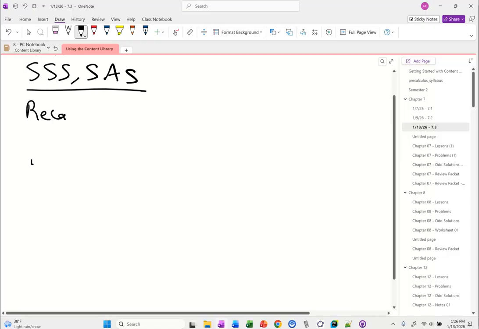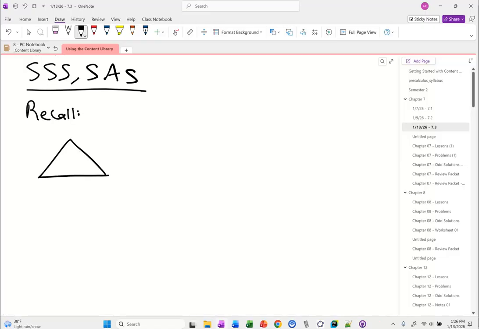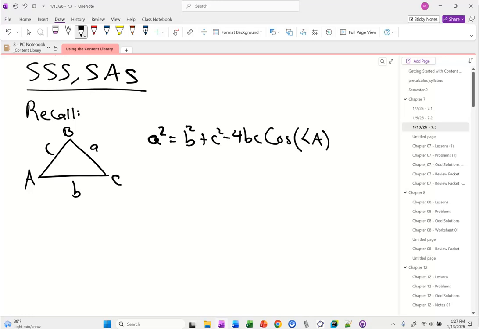In the side angle side and side side side cases, we're going to be using the law of cosines.